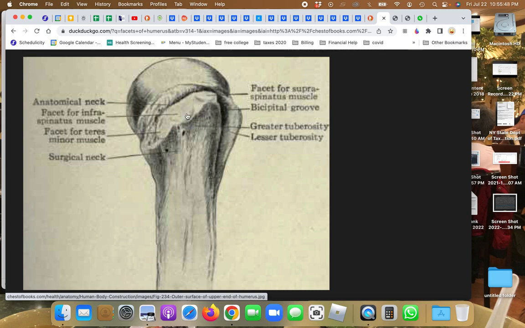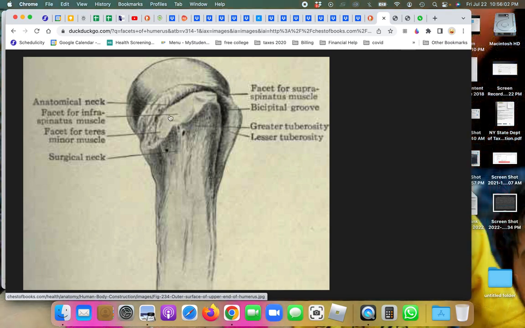Now these divots are where the tendons insert and attach. They're called facets. And they go in order. Here's the supraspinatus, or SS, the infraspinatus, or IS, and the teres minor. Greater tubercle, tuberosity, lesser tubercle, tuberosity, intertubercular notch, bicipital groove. Supraspinatus, infraspinatus, teres minor. Subscap would be up here on the lesser tuberosity, I believe.